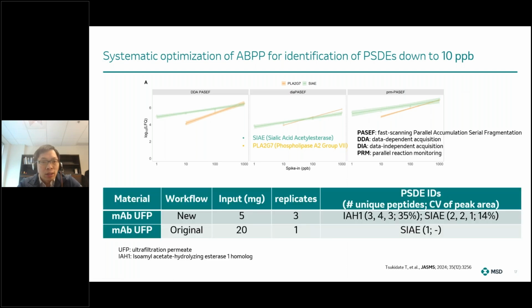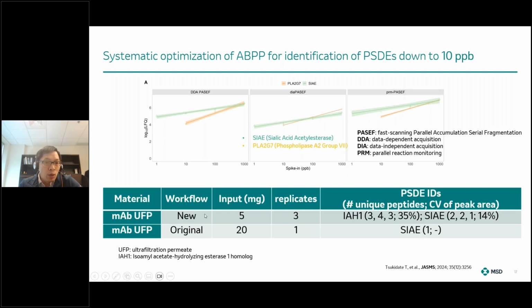So why is this important? In one of the mAbs, using the UF/DF sample and the original ABPP workflow, loading more than 20 milligrams, we were only able to identify one lipase, and we know this was not the leading cause of polysorbate 80 degradation.